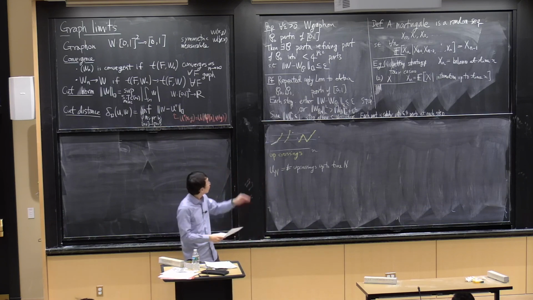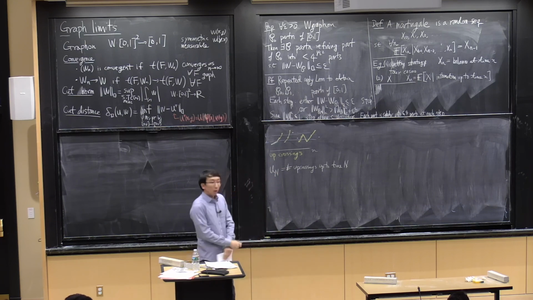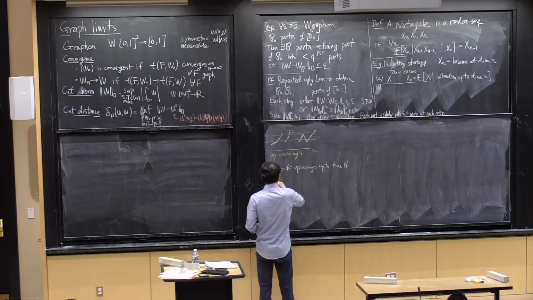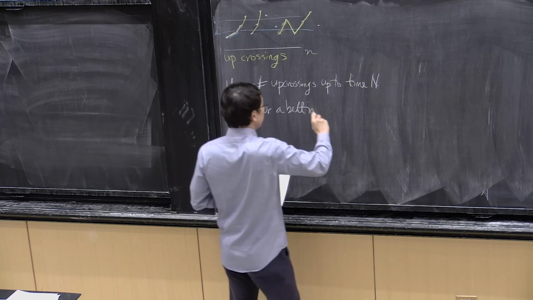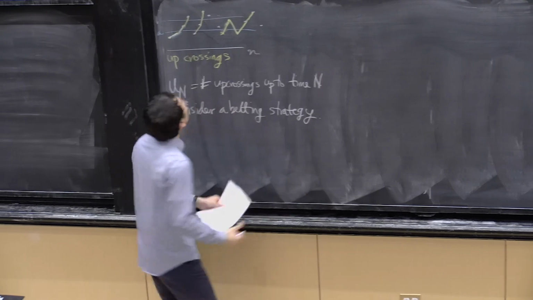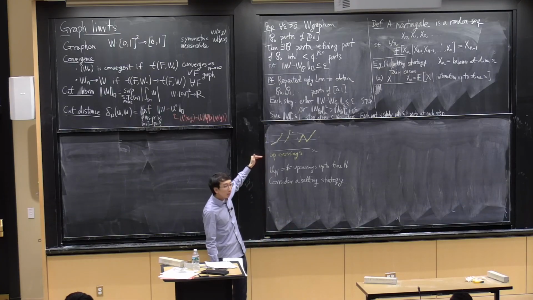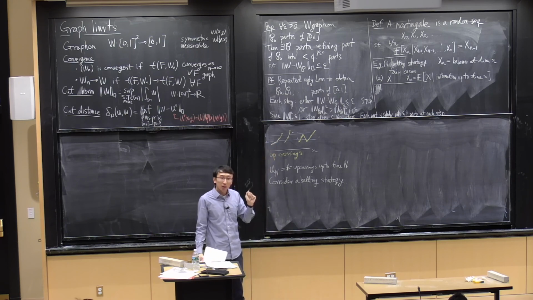Now let me consider a betting strategy. Basically, I want to make money, and I want to make money by following these upcrossings.